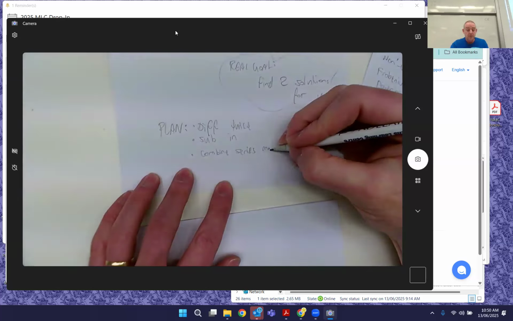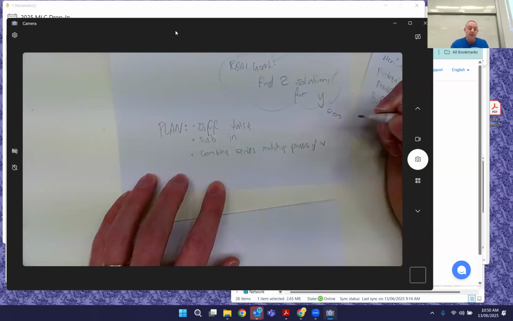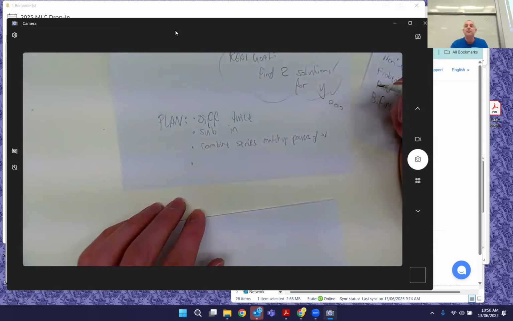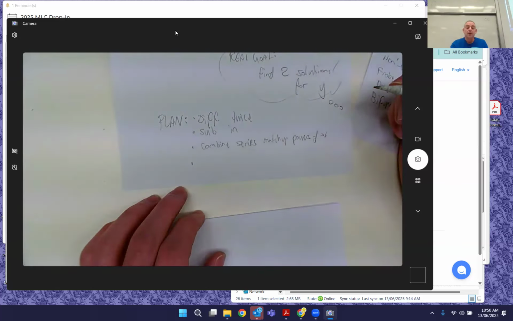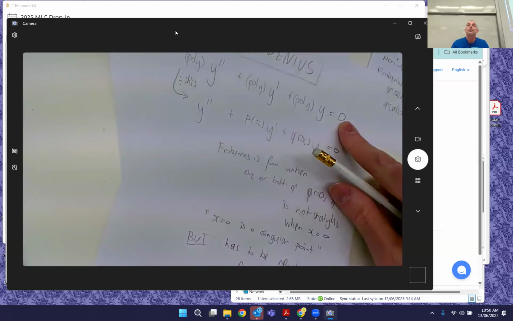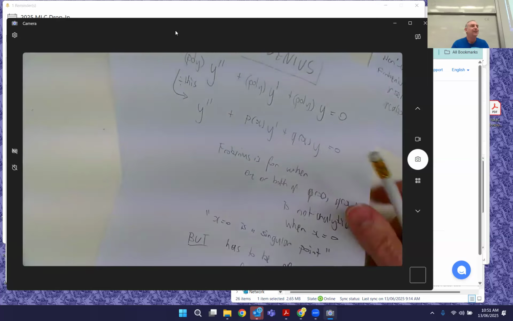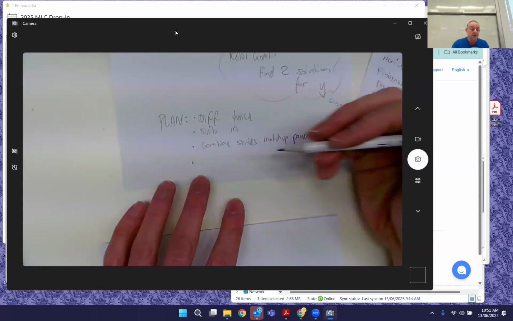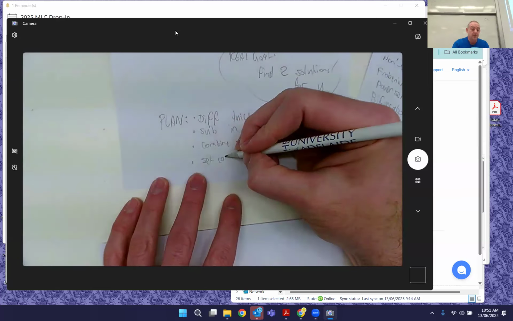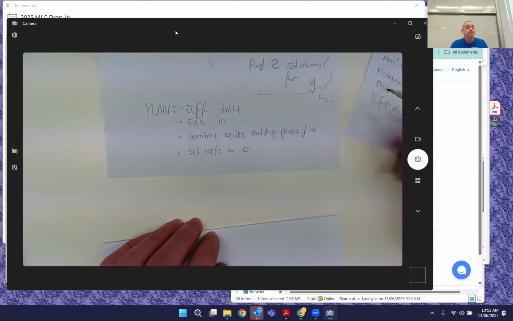So match up powers of x. And then what we're going to do is set all the coefficients to 0, because it's equal to 0. And the Taylor series for 0 is 0 plus 0x plus 0x squared plus 0x cubed. So you can just set all the coefficients to 0. That's the plan.